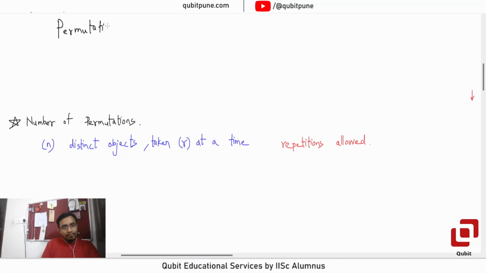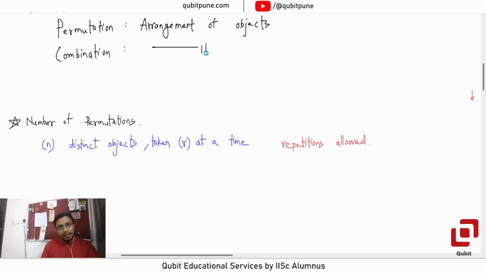Permutation is an arrangement of objects. But so is combination. Combination is also an arrangement of objects. But then what is the difference? In permutation, order matters.